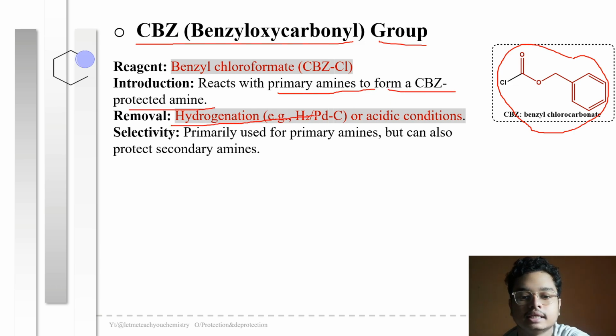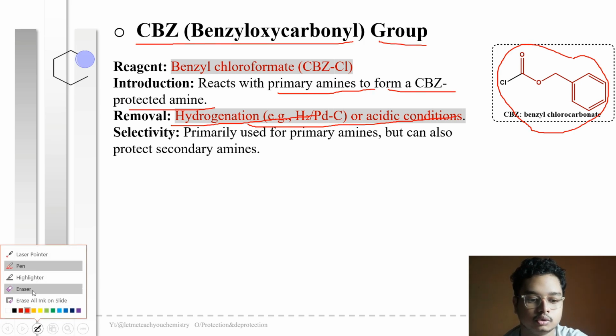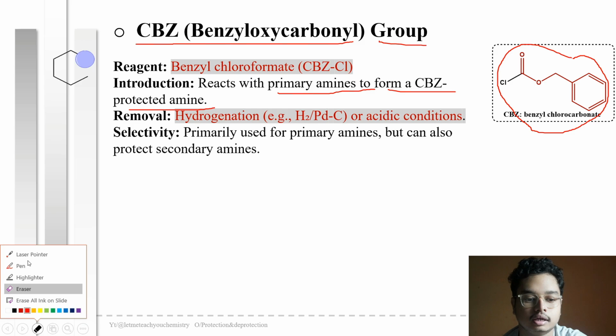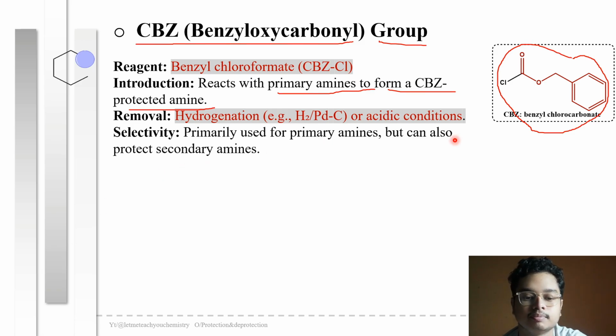The removal is similar to Bn protection, where you can do hydrogenation with hydrogen and palladium on charcoal, or acidic conditions are required to remove the Cbz group. It is selectively used for primary amines, but it also protects secondary amines, though it is more often used for primary amine protection.